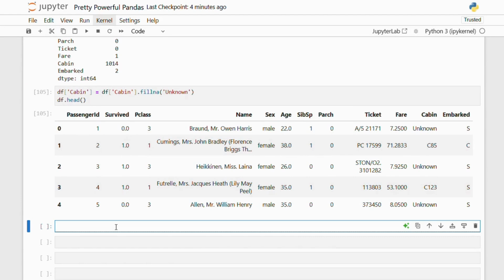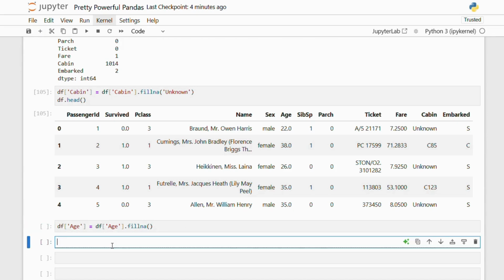So again, we're going to take data frame age and reassign it, again data frame age. And this time in our dot fillna, we are going to fill it with probably the average. That makes sense, doesn't it? In fact, let's go and find out what the average is.